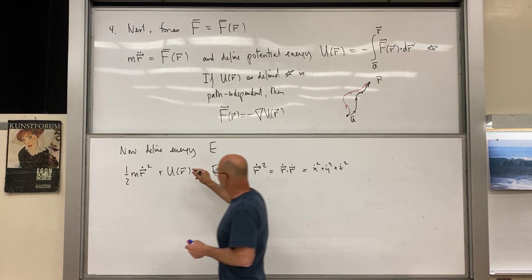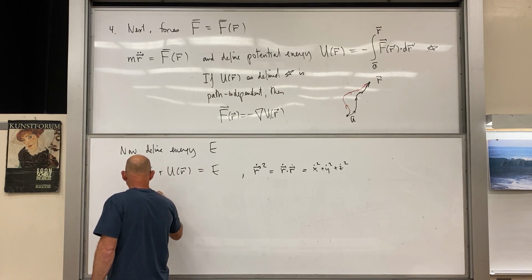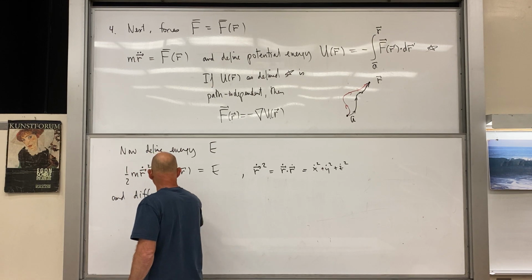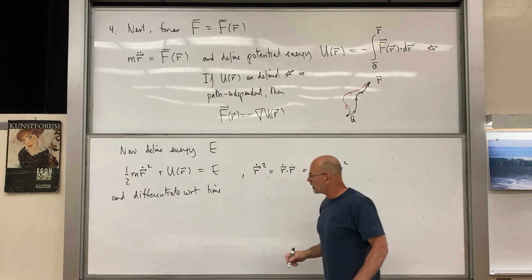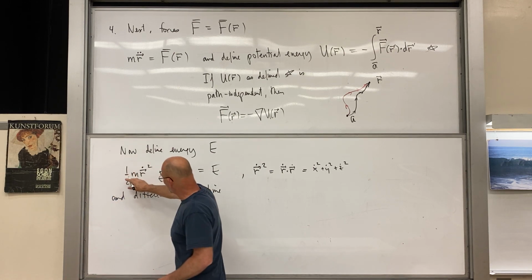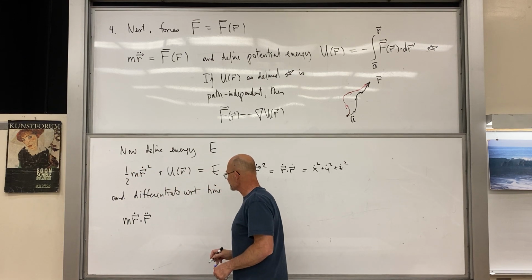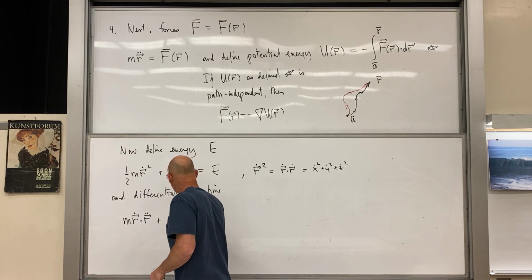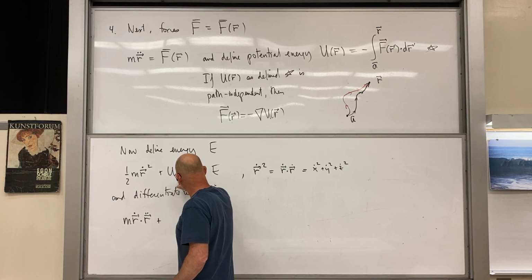And now we'll take this and differentiate with respect to time. With respect to time, what we end up with is m r dot product with r second derivative plus the derivative with respect to time.